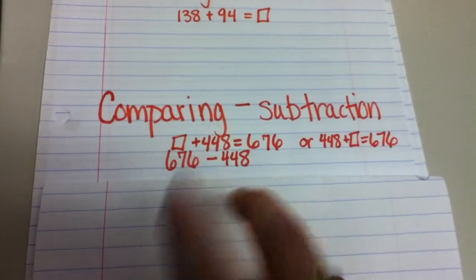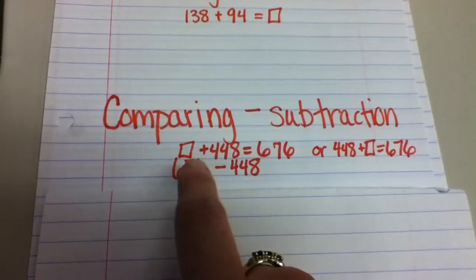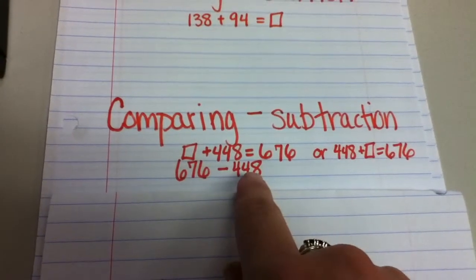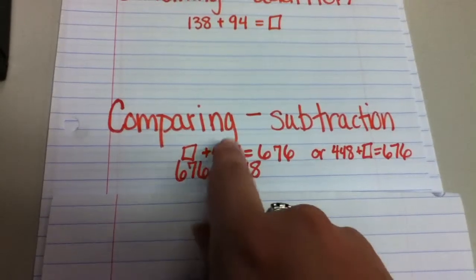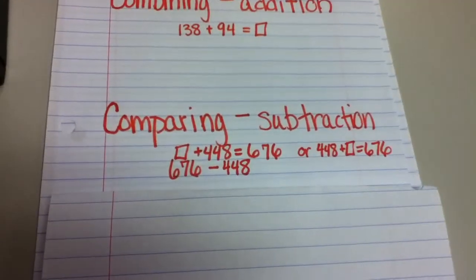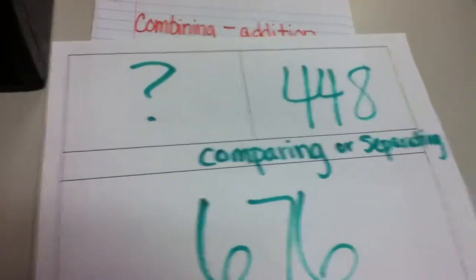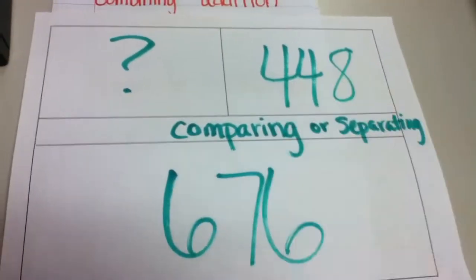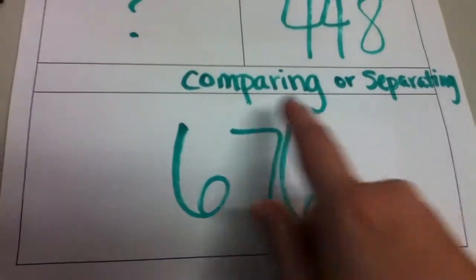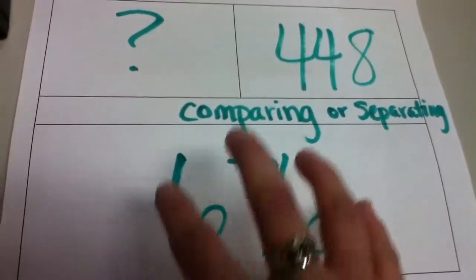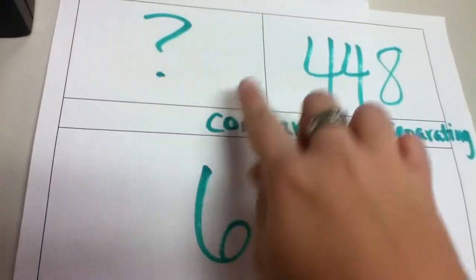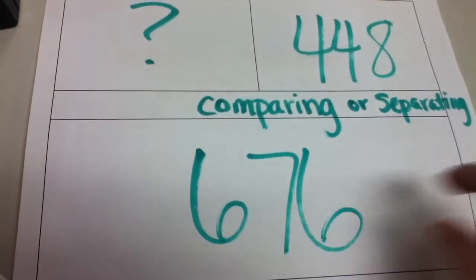So, because of the properties of subtraction, I can take the full total amount and subtract the part amount. And in our part whole map, we would see something like this, that I'm missing a part. I know one of the parts, and I have the whole, so I have to work backwards here. Take this bigger number, compare it with the smaller number to see what was added up to get this larger number.